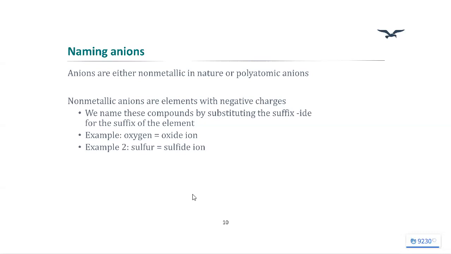There is sulfite, SO3 -2. There's hydrogen sulfate, HSO4 -1. And there's hydrogen sulfite, HSO3 -1. That ending there, IDE, helps us to differentiate. This is the monatomic versus the polyatomic.